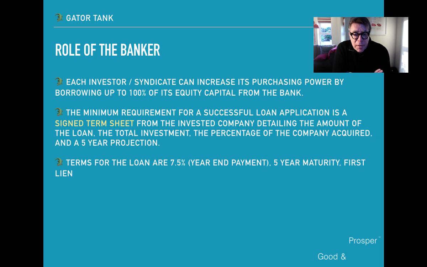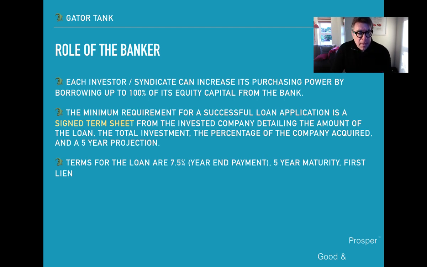The loans are all for the same amount. They're all 7.5%, with a bullet payment at the end of every year, 5-year maturity, and first lien on all the assets of the company. So there's no need to negotiate the actual terms because they're the same for everybody.